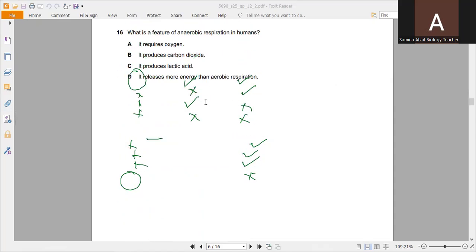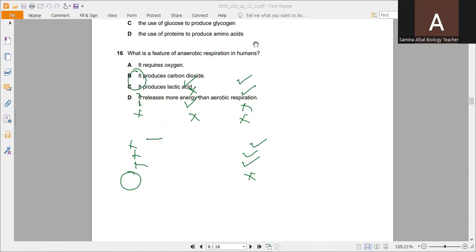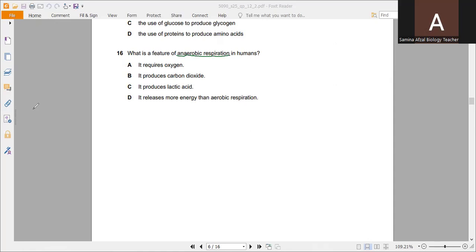Now moving towards the next question, question number 16. What is the feature of anaerobic respiration in humans? Anaerobic respiration is the type of respiration which takes place in the absence of oxygen. So A is not the correct option. It produces carbon dioxide.